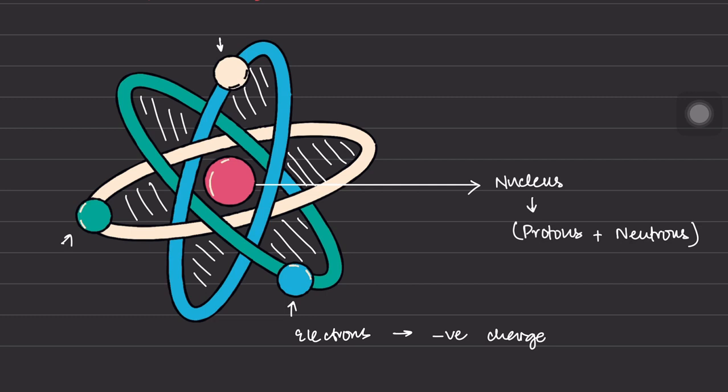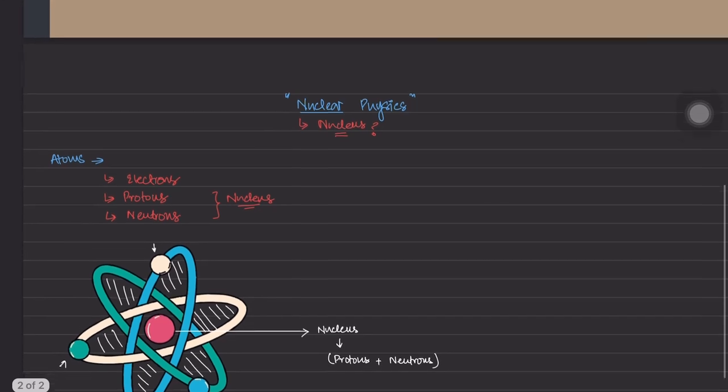Next we have the proton number and the nucleon number. What do we mean by the proton number? When we talk about an element, let's say we have an element X, just for the sake of it.